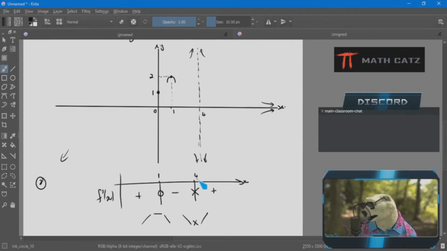Then at 4, there's clearly a problem, but it's not a critical point or anything. Okay, so I'm going up from left to right towards this turning point, of course, going through the y-intercept, turning up at x equal to 1, then coming down. So obviously this bottom arrow is how I approach the asymptote from the left, not the top.